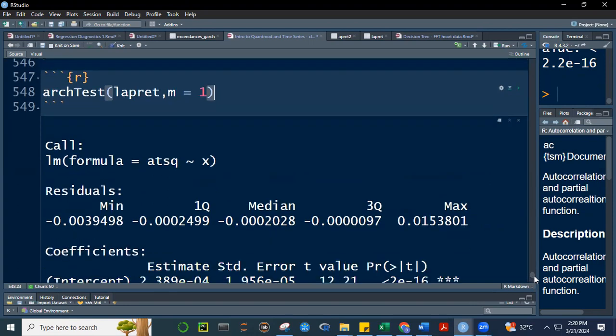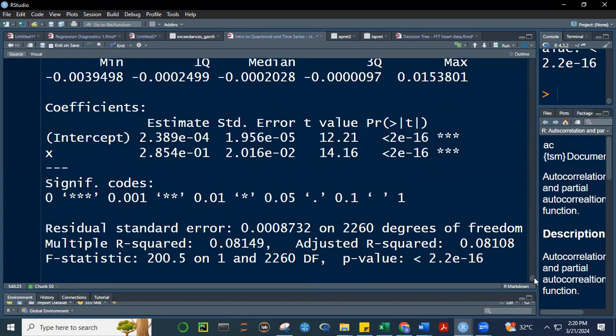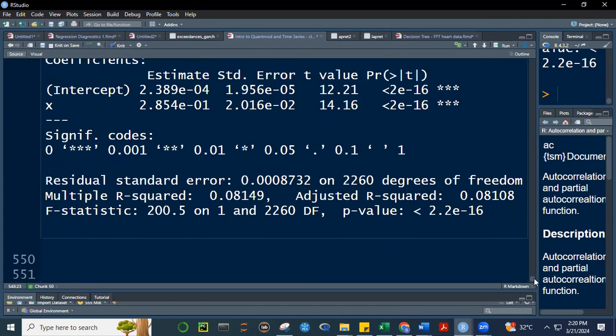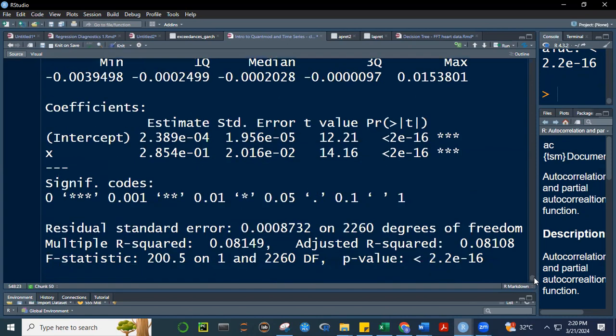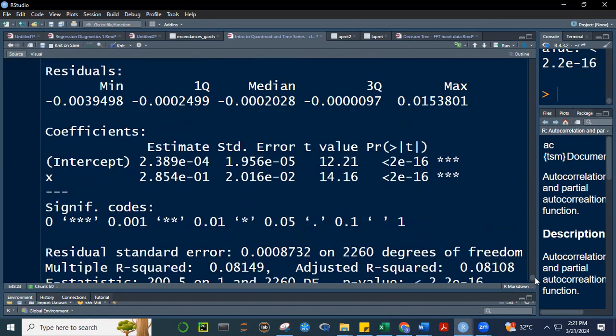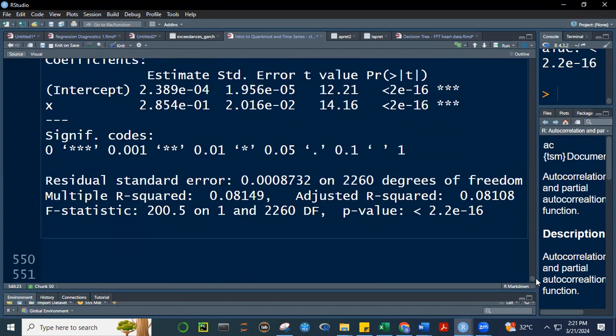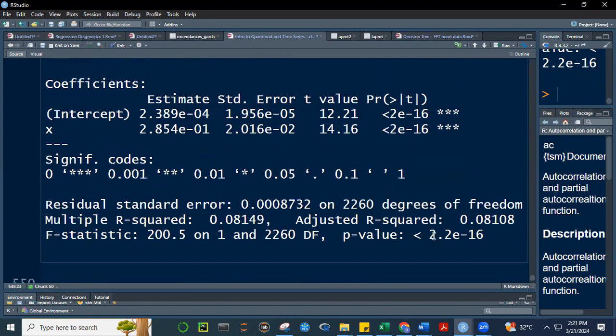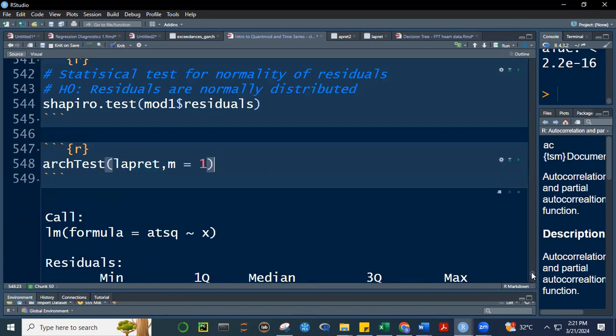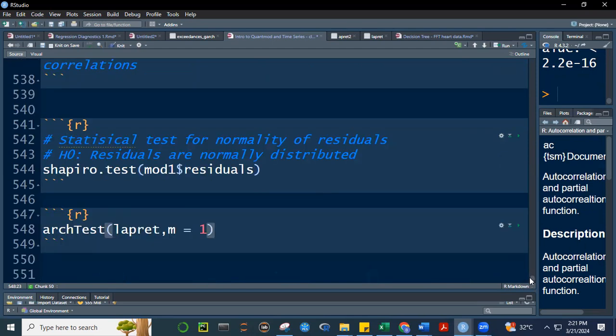Ang null hypothesis nito, class, is that there is no arch effects. Arch means autoregressive conditional heteroscedasticity. Okay? Now, arch effects, class, pag rineject natin to, yung null hypothesis, ibig sabihin nun, hindi sufficient yung ARIMA model natin. Ibig sabihin nito, may mga data points na hindi nakaka-capture ng ARIMA.